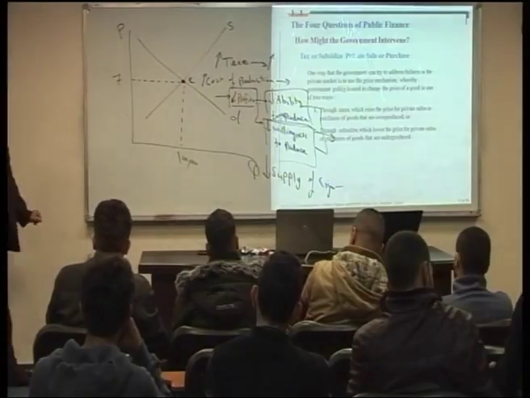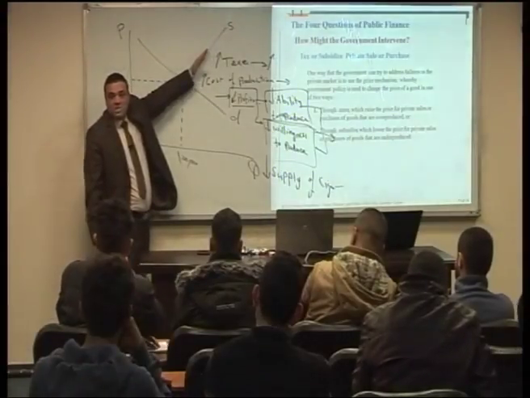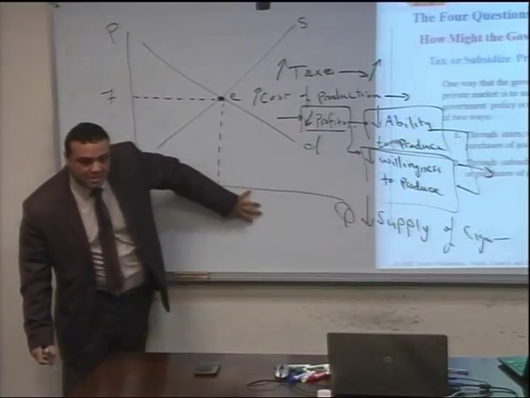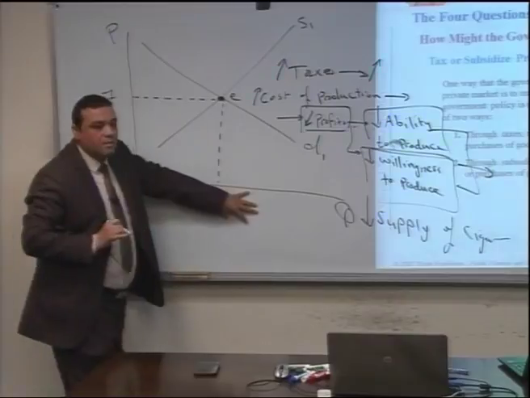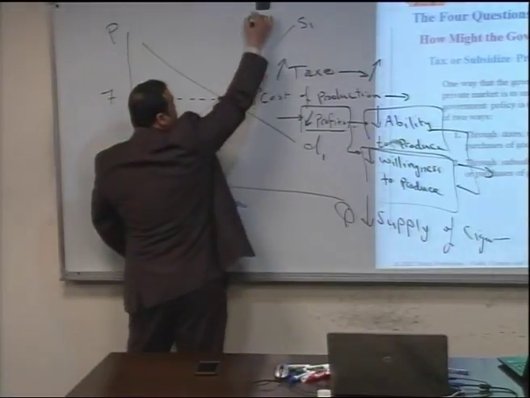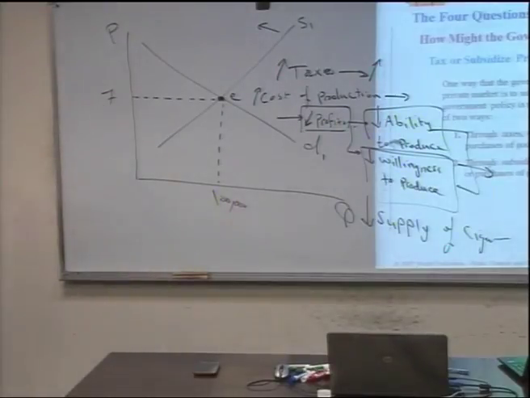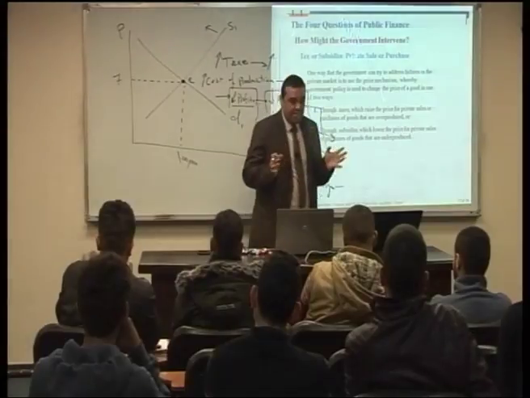So, the supply curve, this is the supply for cigarettes, which is harmful for the community, and we have over smoking in the country. So this is S1, D1. Imposing taxes means supply will decline, so the supply curve shifts left.